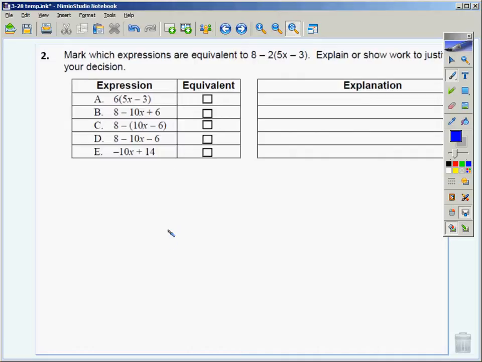On the second example, it says mark which expressions are equivalent. And again, they're starting out with this. What am I going to do first in this problem? I think you're really close, but not quite right.